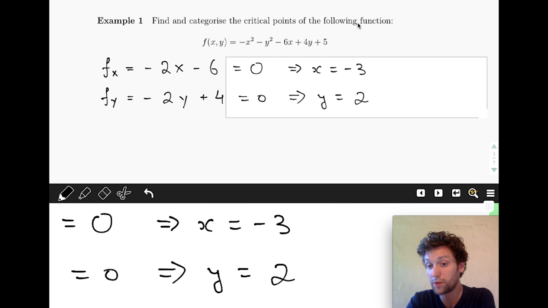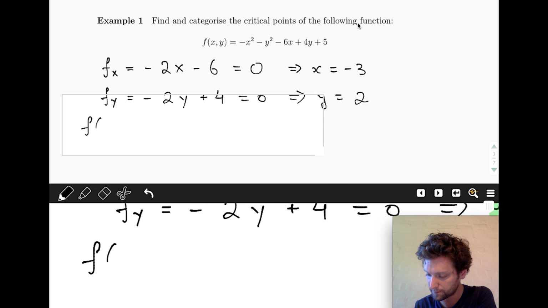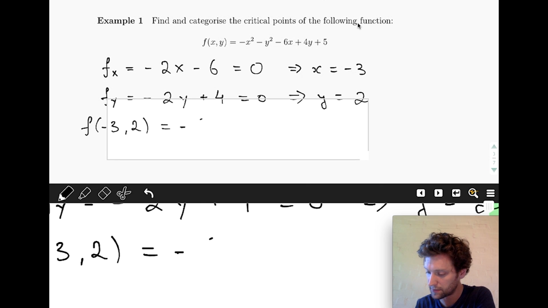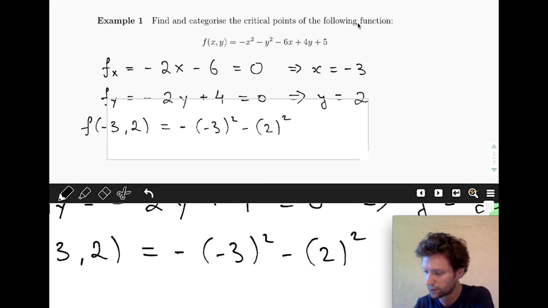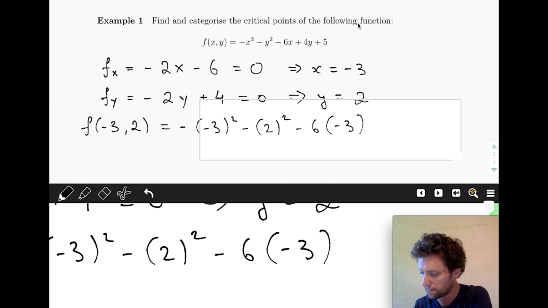Now, in these kinds of problems, we still need to identify what the maximum value or the minimum value is. So I need to find out what f is at (-3, 2). So let's do that right away. Sticking in x is equal to -3, y is equal to 2, I get -(-3)² - 2² - 6(-3) + 4(2) + 5.